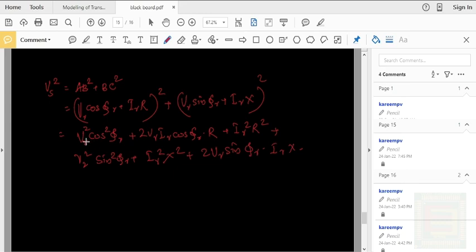And here you can see that VR square cos square phi R plus VR square sin square phi R will be equal to VR square, plus here you have IR square into R square plus X square.